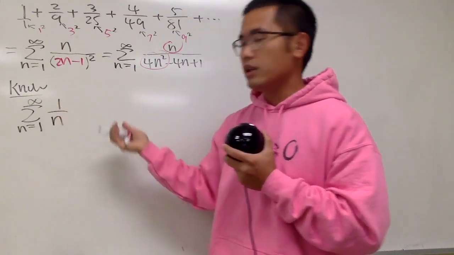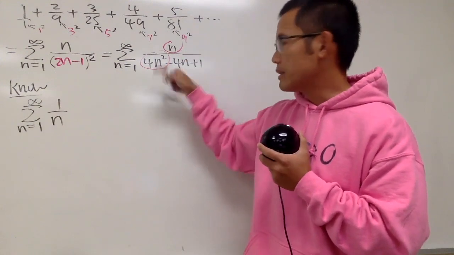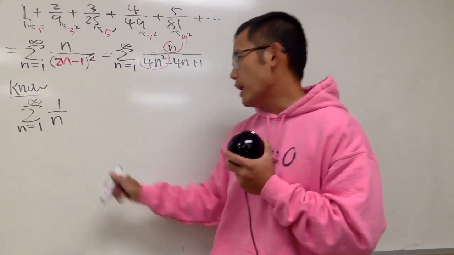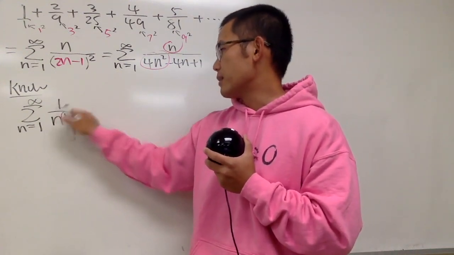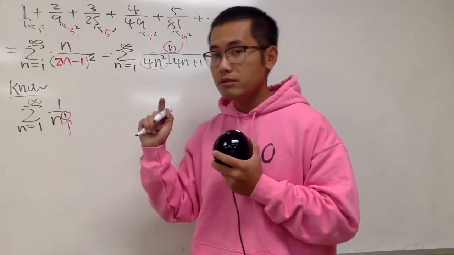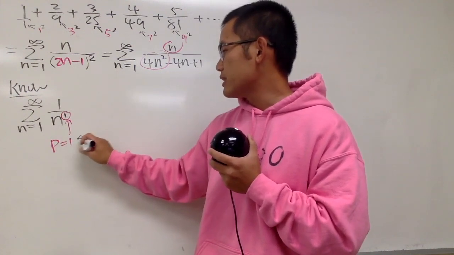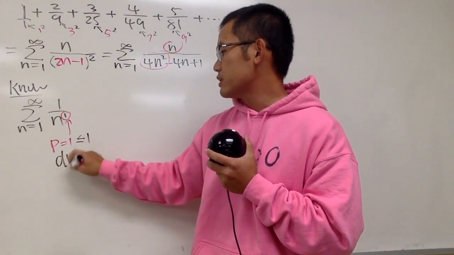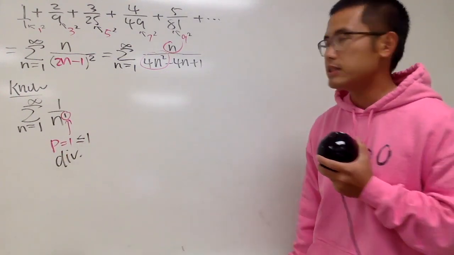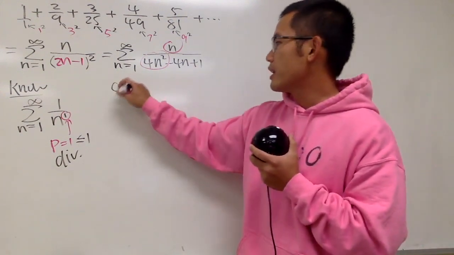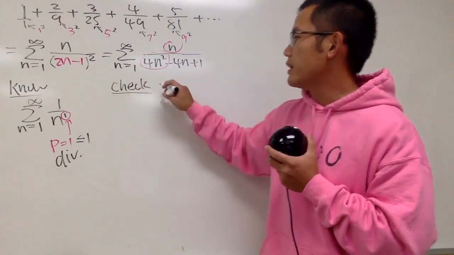You can do this as well if you would like. So let's just put this down. And this is like the harmonic series. Of course, you know this right here diverges. Or you can also say that p is equal to 1, which is less than or equal to 1. Therefore, it diverges.